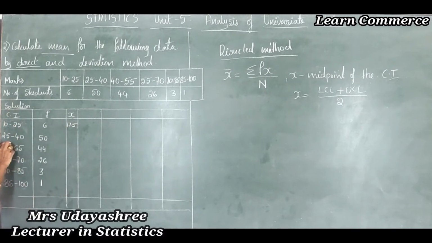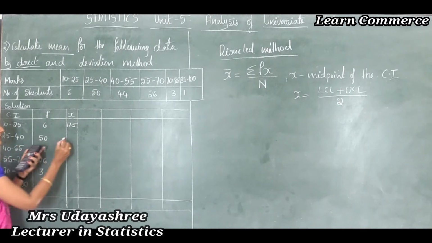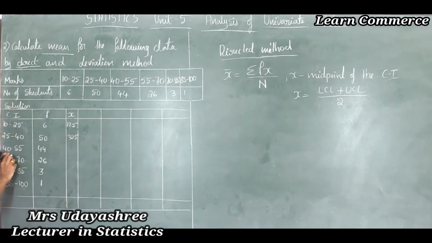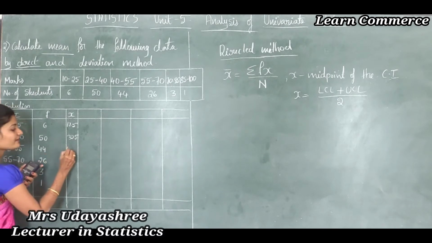In the second class the lower class limit is 25 and upper class limit is 40, so 25 plus 40 divided by 2 is 32.5. In this class the lower class limit is 40 and upper class limit is 55. So 40 plus 55 divided by 2 is 47.5.